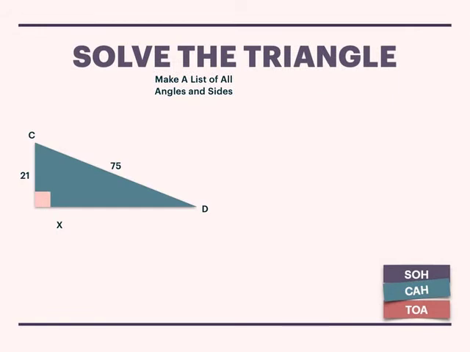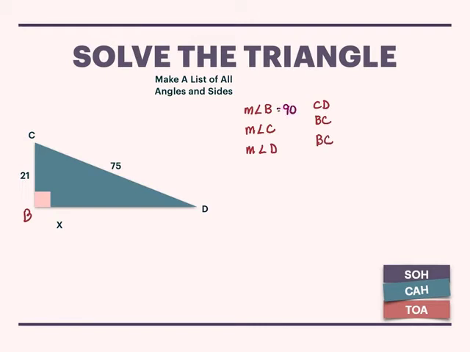Same deal, I would list everything you have to find so you don't miss it. Looks like we're missing a letter here, so let's call that angle B. Like so. Then we'll label our sides here, so we got to find side CD, CB, or BC, and BD. Let's fill in what we know.